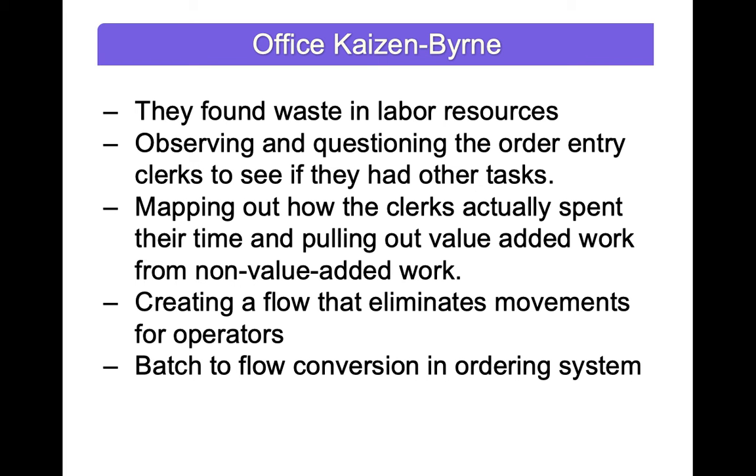They mapped out how the clerks actually spent their time, pulling out value-added work from non-value-added work. Then they created a flow that eliminates movements for operators in batch-to-flow conversion and ordering systems.